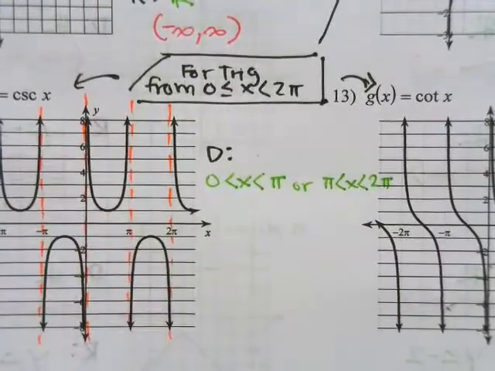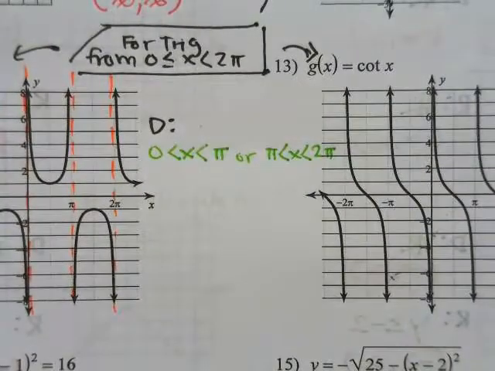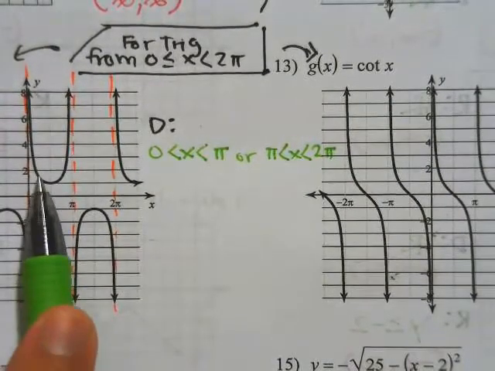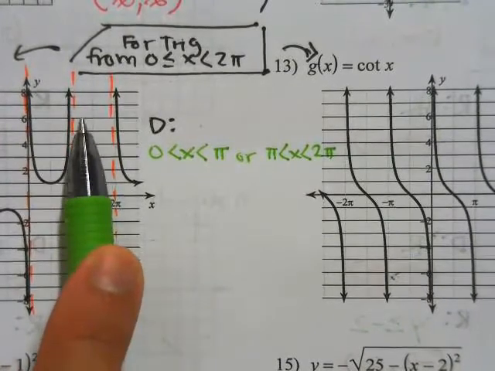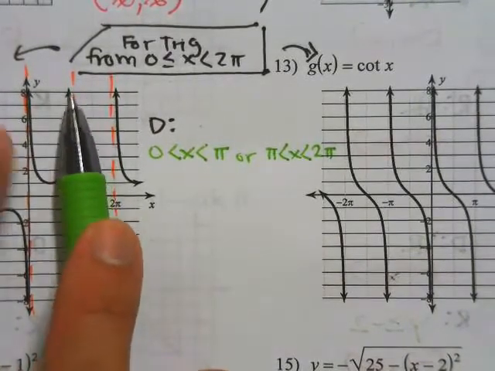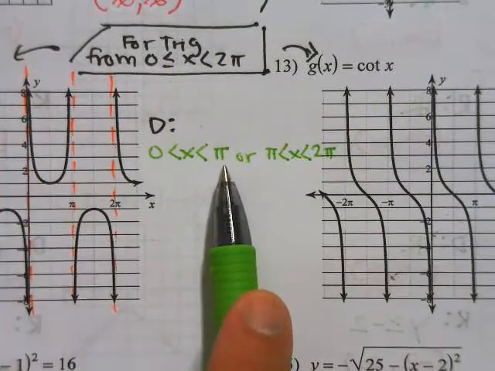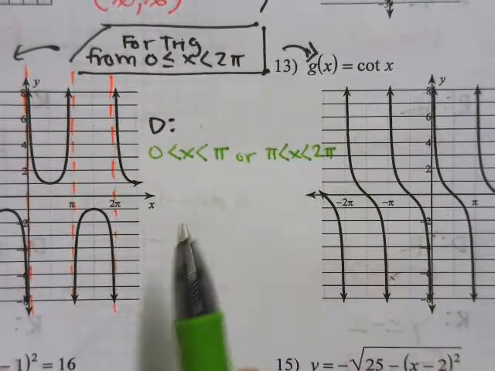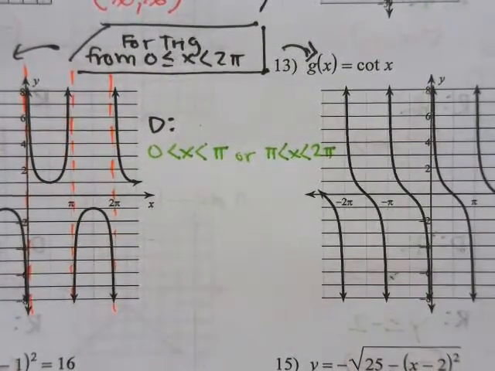Oops, sorry, it's going on the other graph. Because we can input all these x values over here and it gives us a y value, but because there's asymptotes over here, we can't do 0, we can't do pi, we can't do 2 pi, okay.